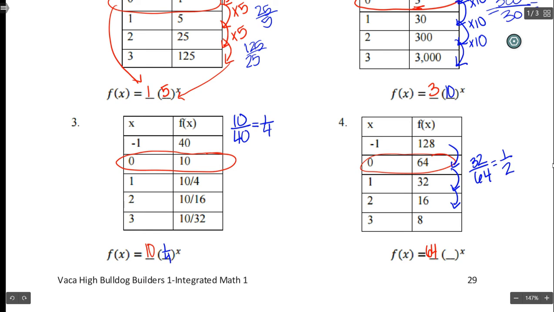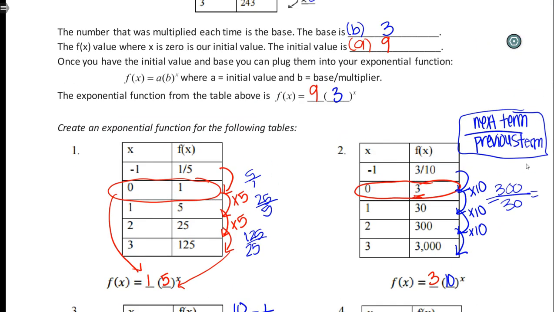If you keep on simplifying it, it simplifies to 1/2. So my multiplier is 1/2 raised to the x power. So let me just put this down here. 1/2 to the x power.